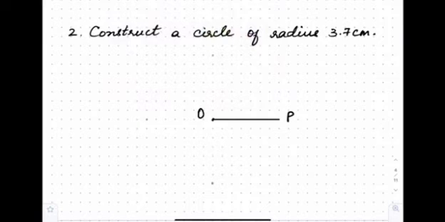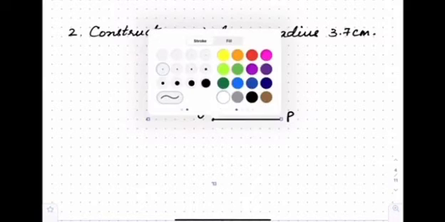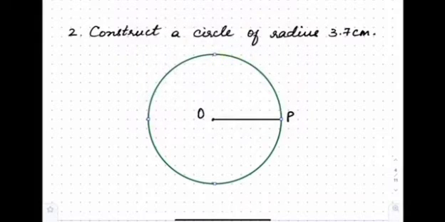So keeping the needle point at O and the pencil point at P, we are drawing a circle of radius 3.7 centimeters. Now we'll take up another color. You don't want the red. Fine. Now this is the circle constructed.